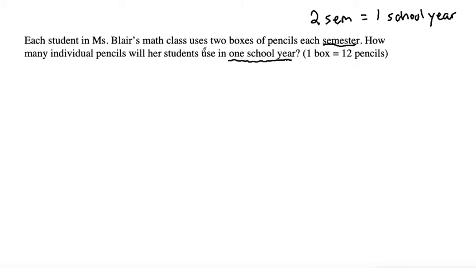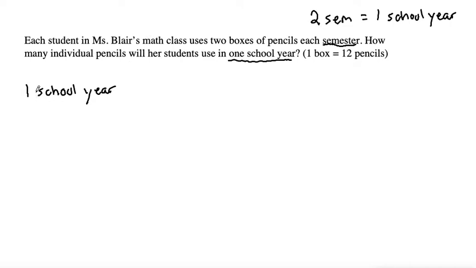So let's start with 1 school year. I'm assuming it's asking how many pencils each student will use in 1 school year, but it's not super clear on that, so just putting out that caveat.